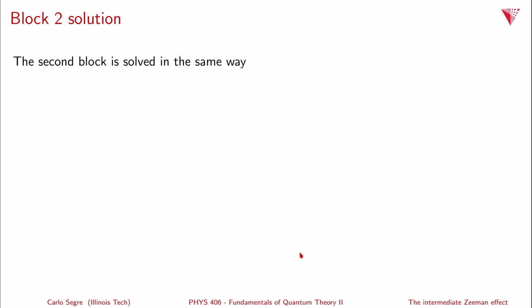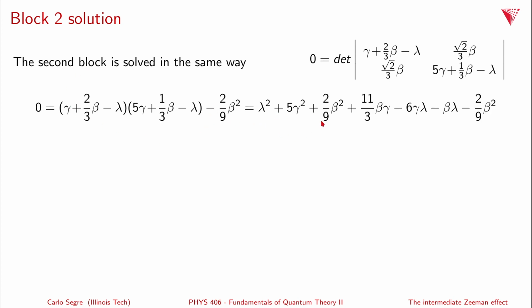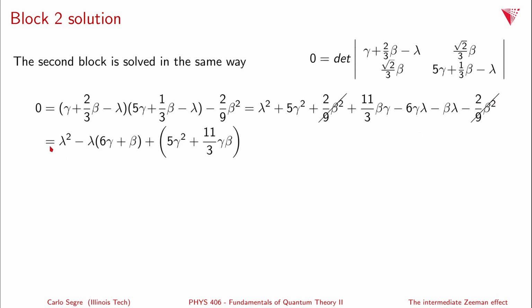You can solve the second block in exactly the same way. It has slightly different values on the diagonal. And so when we do that, we have the initial expansion here. We expand this out. Again, these two terms, the 2/9 beta squared, will cancel. We're now left with 0 is equal to lambda squared minus lambda times 6 gamma plus beta plus the quantity 5 gamma squared plus 11/3 gamma beta.